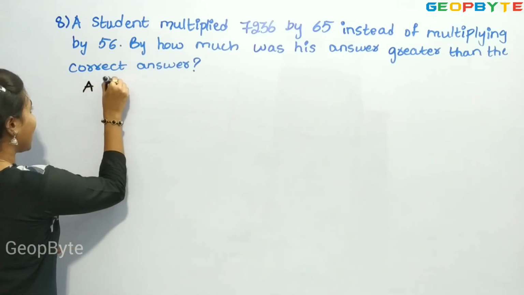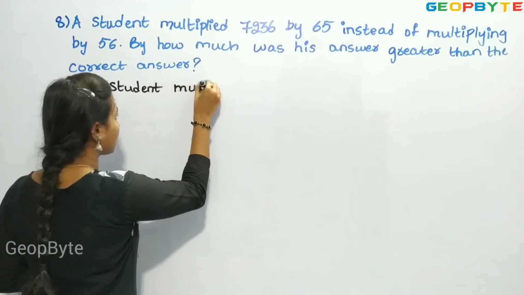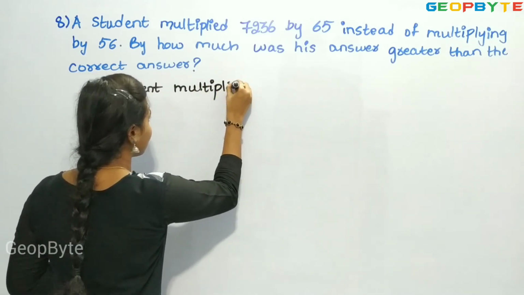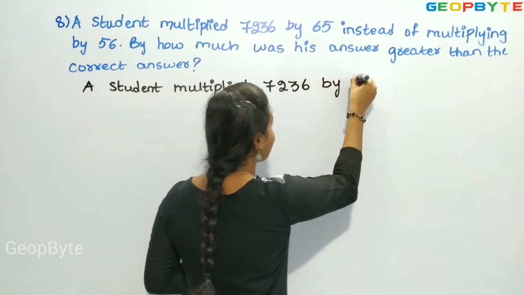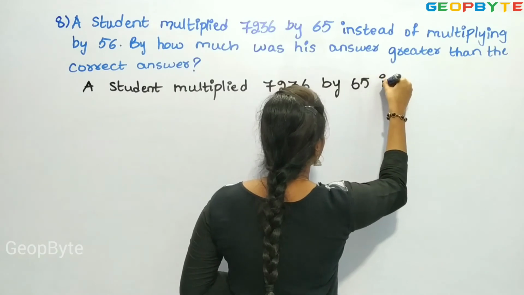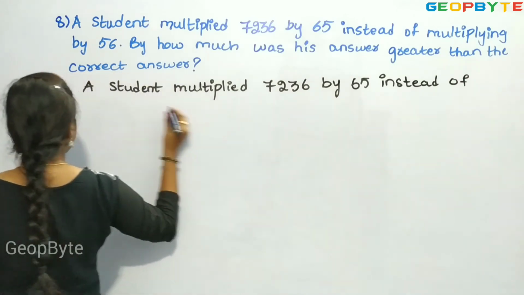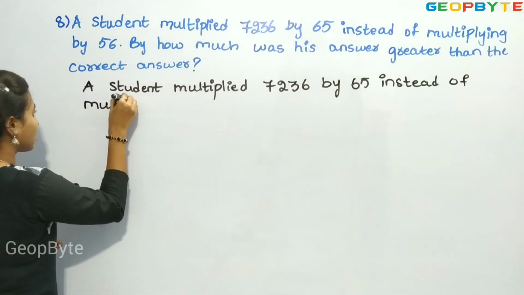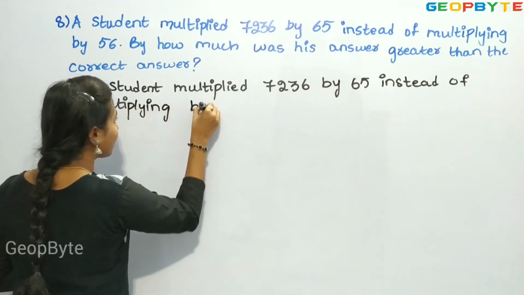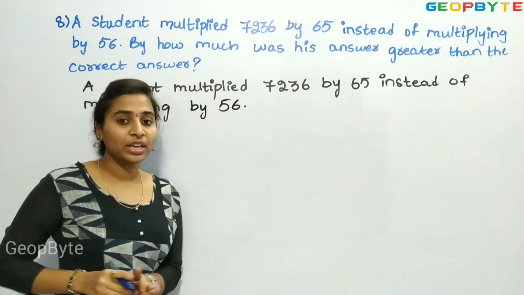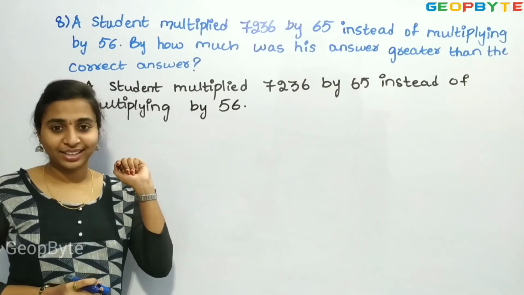A student multiplied 7,236 by 65 instead of multiplying by 56. So we need to find out the difference, that is, how much the answer will be greater than the correct answer.